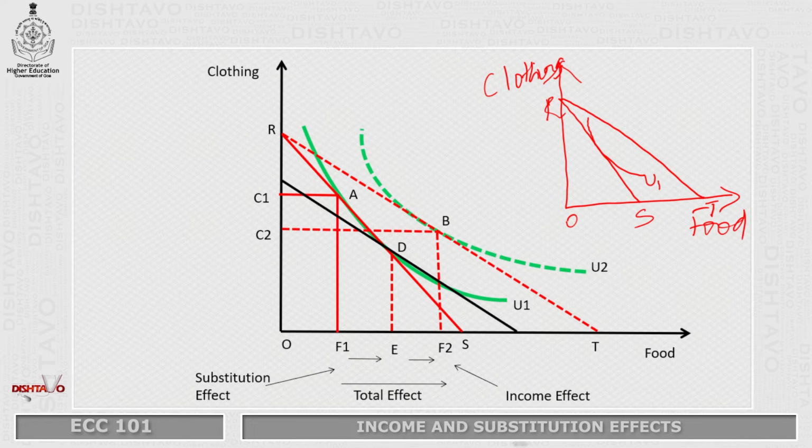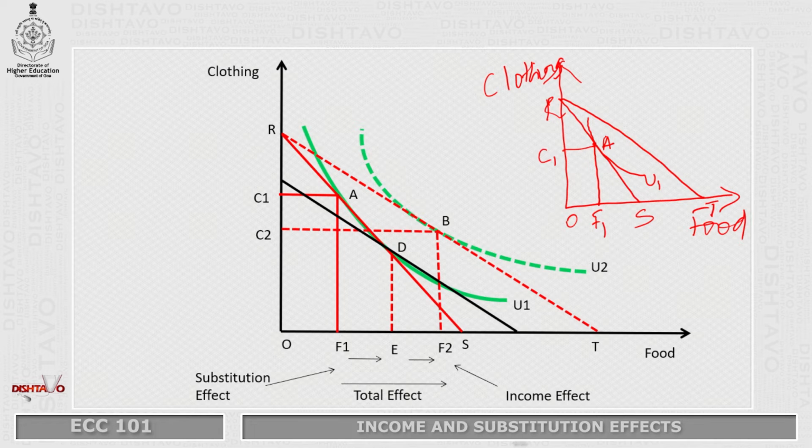So on this indifference curve, we first mark point A. The consumer receives utility at point A, where the indifference curve U1 is tangential to the budget line RS. Now at point A, the consumer is purchasing F1 amount of food and C1 amount of clothing.